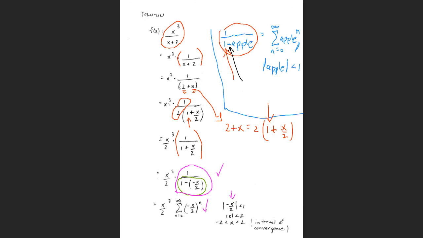But where is the power series defined for this function? It's defined when the absolute value of the common ratio is less than 1. So we have the absolute value of negative x over 2 is less than 1. That's the same as saying the absolute value of x over 2 is less than 1, because the negative goes away. I can write that as the absolute value of x over 2.